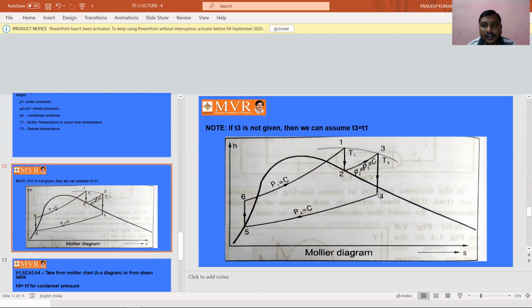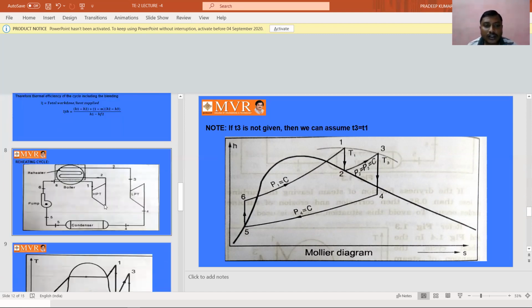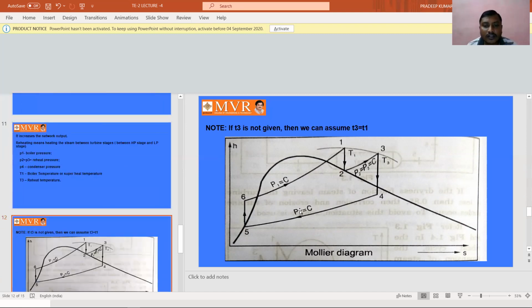From the low pressure turbine it enters the condenser, from the condenser it enters the pump, and again the recirculation is done. We can use this Mollier diagram for solving different problems of the reheat cycle.